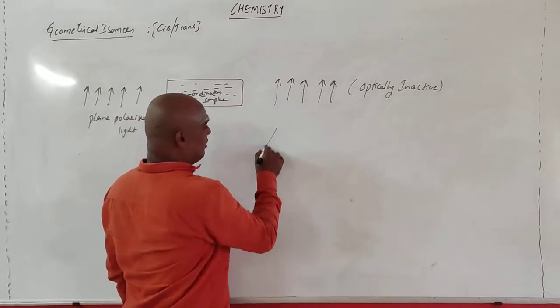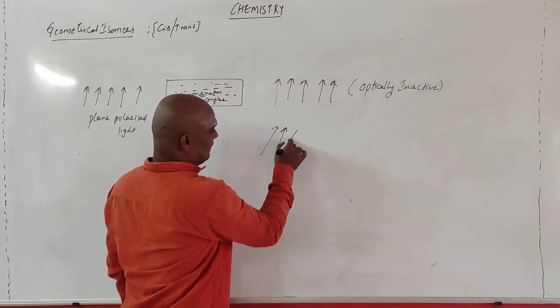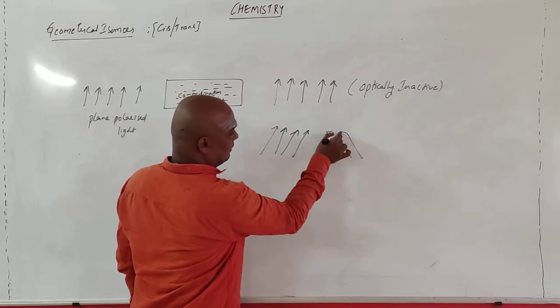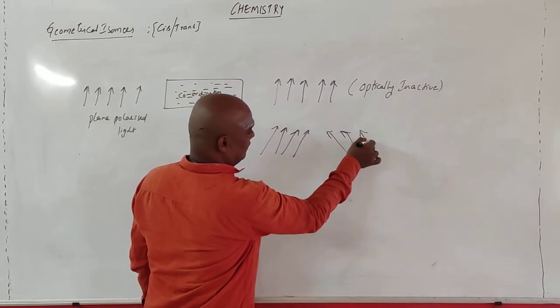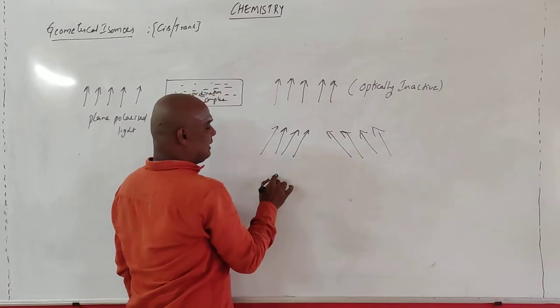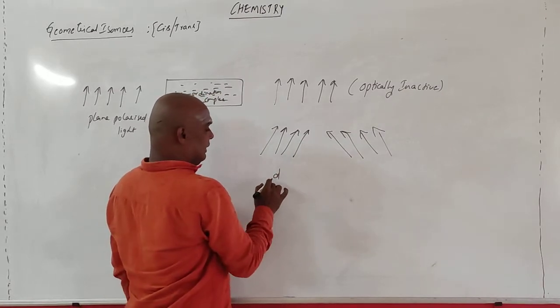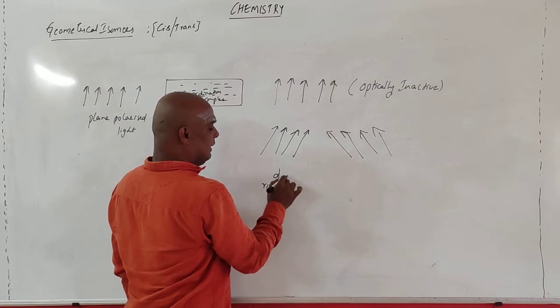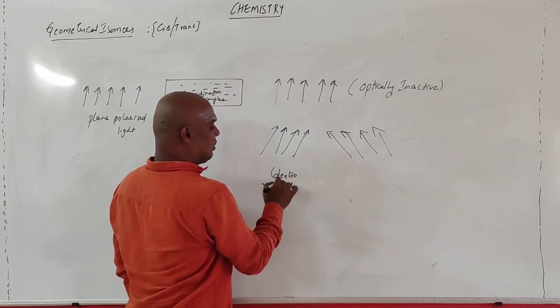Suppose there is rotation of the light, something like this, or like this. It is rotating to the right side. If the light is rotated towards the right side, then this is called dextrorotatory.